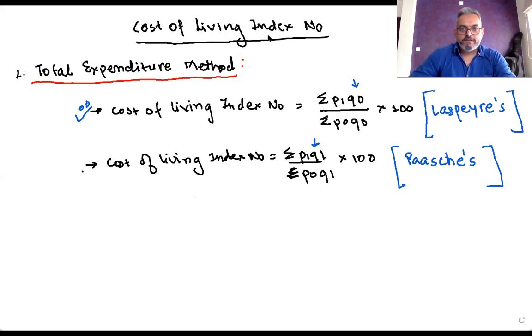Now, the second method. The second method is known as method of family budget.